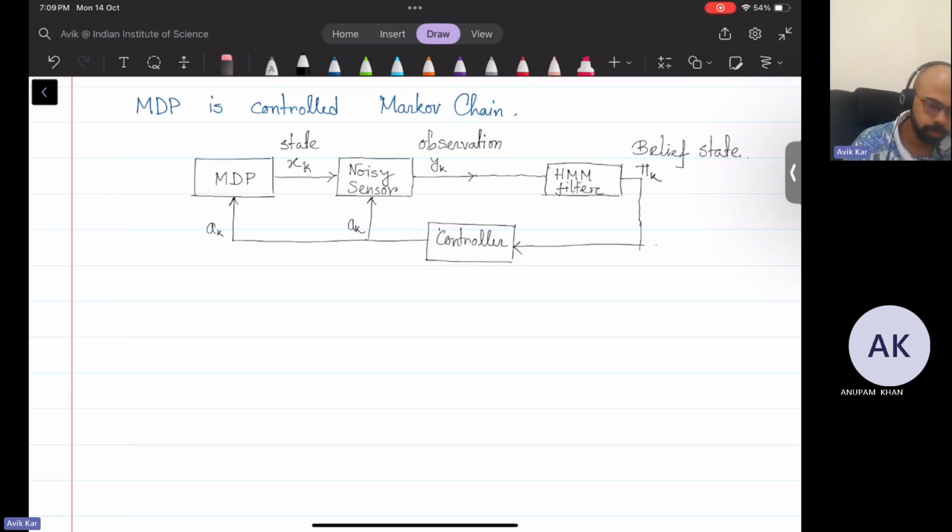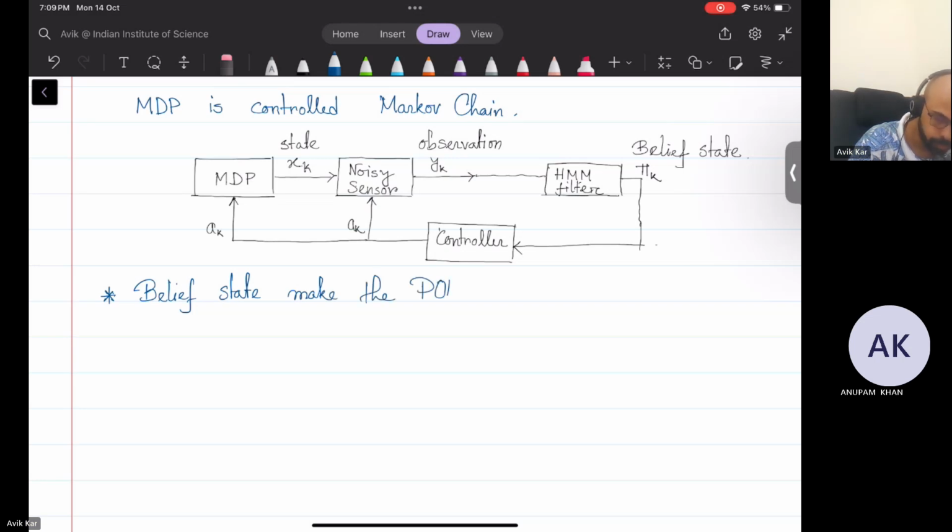Okay, so the main statement here is that belief state makes the POMDP an MDP.